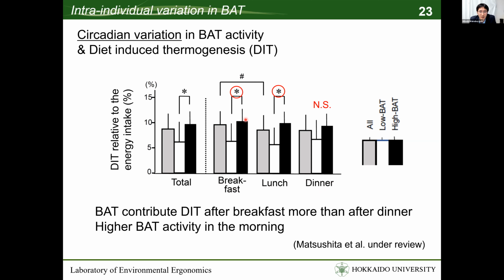And they found the high BAT group showed greater DIT compared to the low BAT group after breakfast and after lunch, but not after dinner. So it suggested BAT contributes to diet-induced thermogenesis after breakfast and lunch, more than that after dinner. It also suggested there could be a higher BAT activity in the morning.